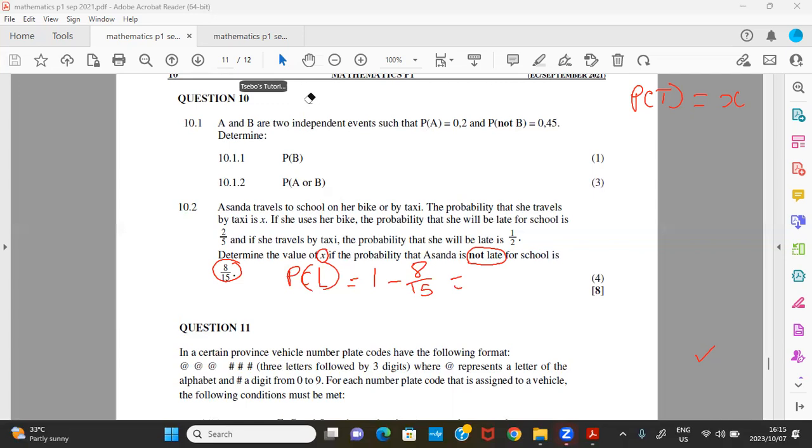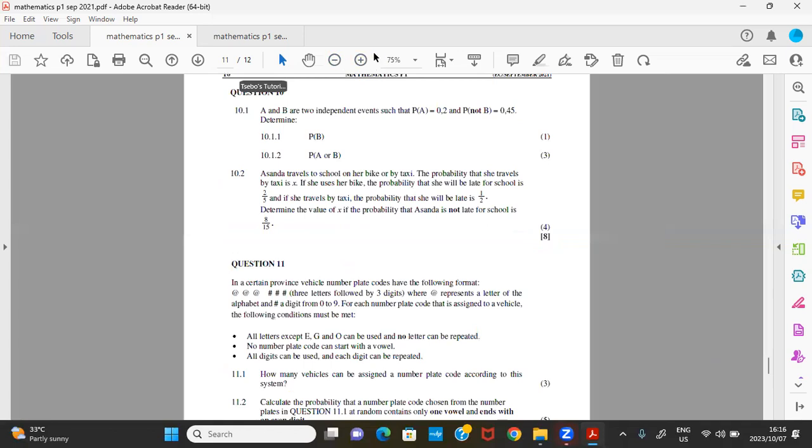When you see not late or probability of not B and stuff like that. So I don't know if it has clicked in your minds already, but for this one, we are going to have to use a tree diagram. A tree diagram.